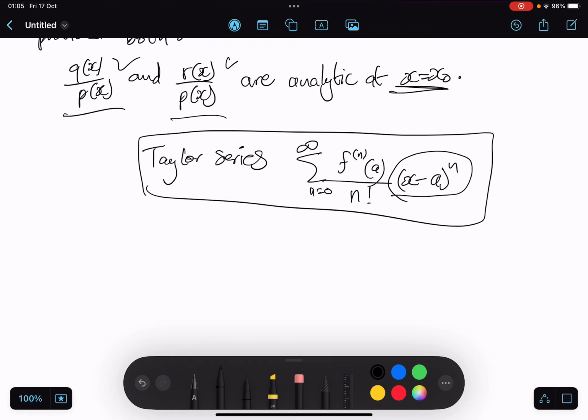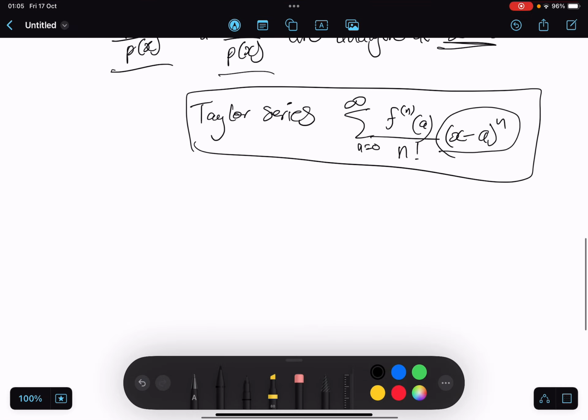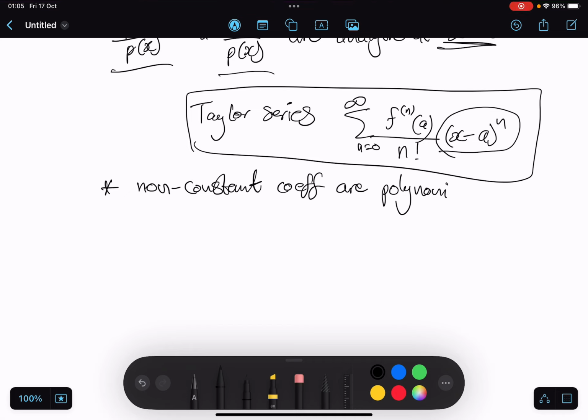Now, in order for you to find the solution, we are going to assume that the non-constant coefficients are polynomials. In this video, I'm going to solve questions whereby the non-constant coefficients are polynomials.